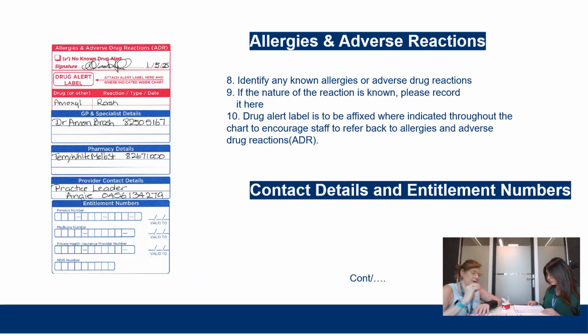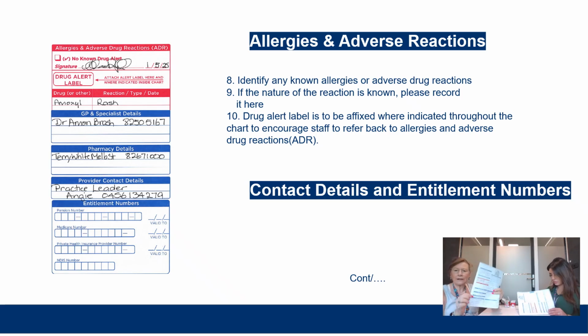That's so that you can alert the GP to the fact that there are allergies when he's writing a short-term medication. So following down, pretty straightforward, GP's details, pharmacy details. As I said, the team leader name and practice leader name and phone number.